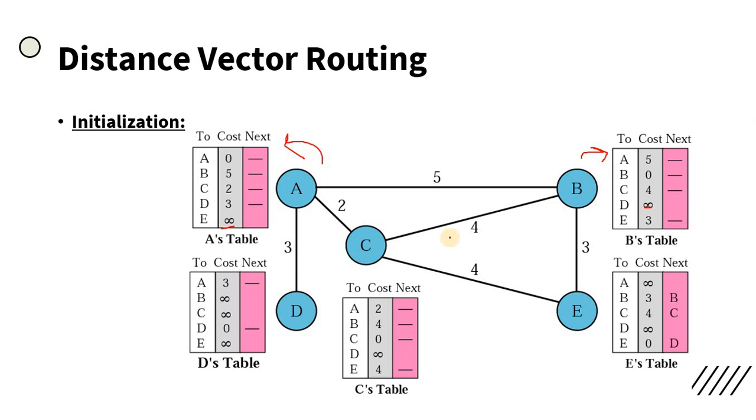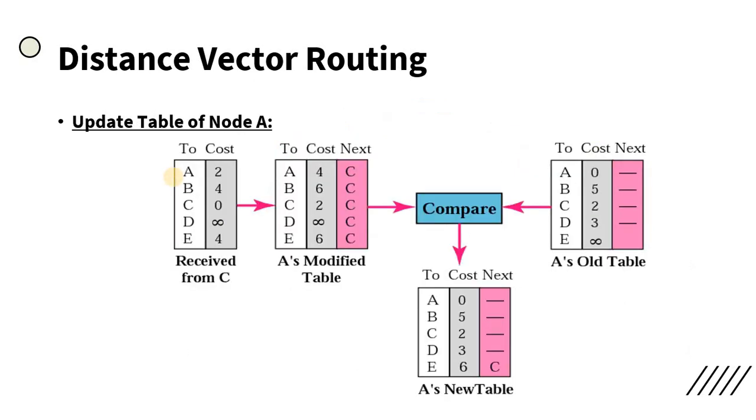If it goes from node A to B, then when it comes to B, the route table is updated based on the situation and the destination. If the packet reaches B and a topology change is detected, the route table is also updated. So next is updating the table of node A. Suppose this is the table.